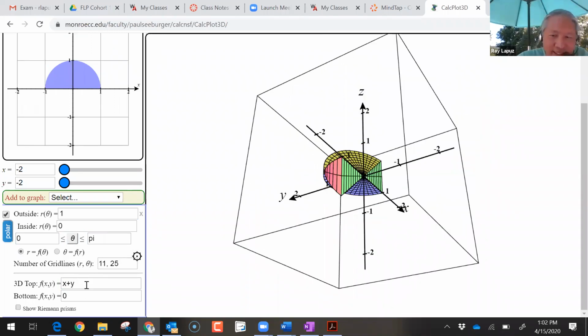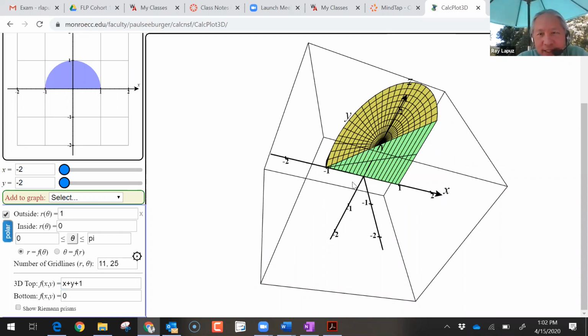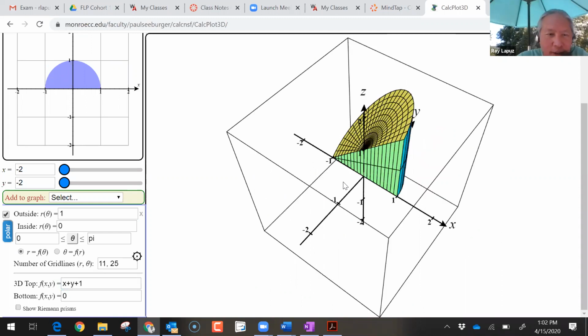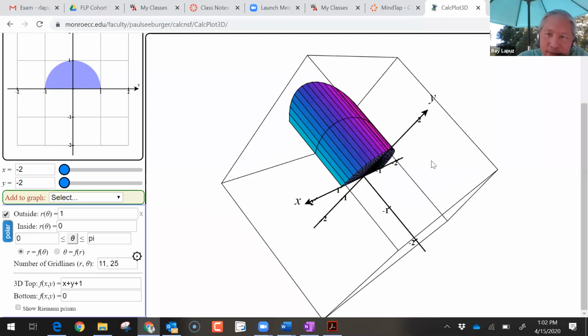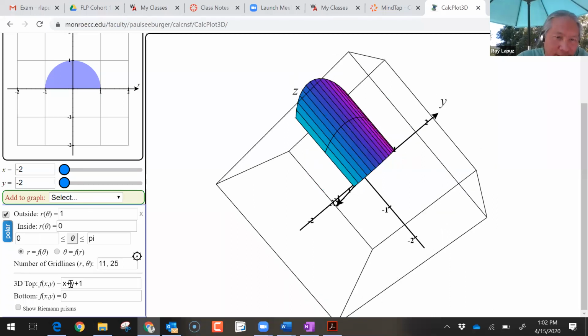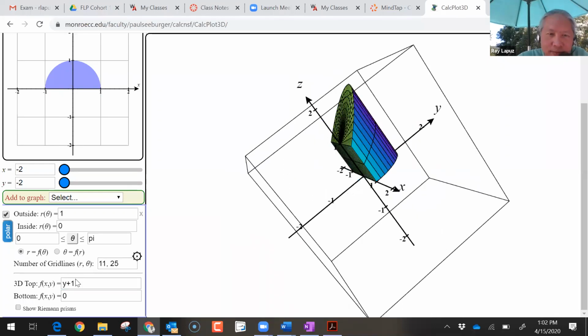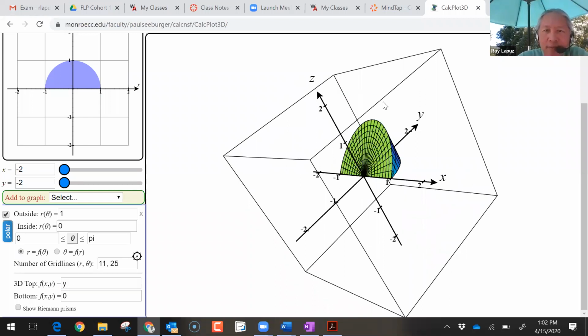Let's add 1 to this. Well, not exactly a cheese wedge that I was thinking of, but I know how to make it a cheese wedge. Let's get rid of x. And let's bring it back down. There you go, something like that.